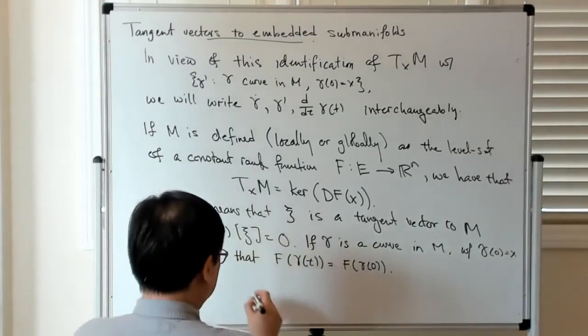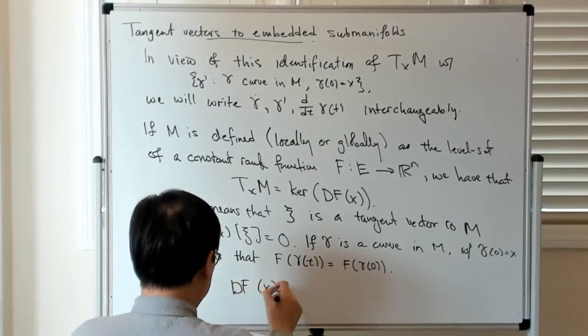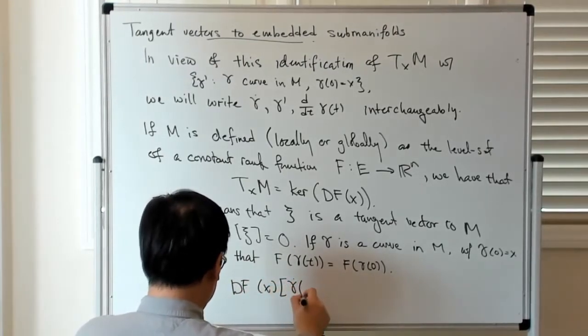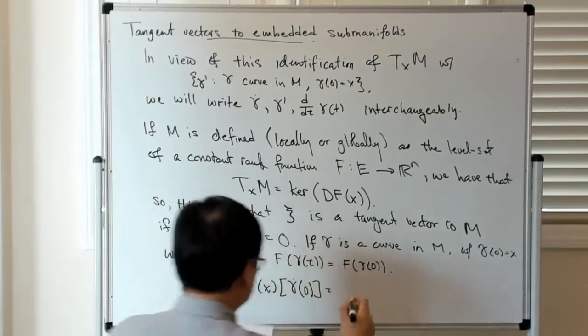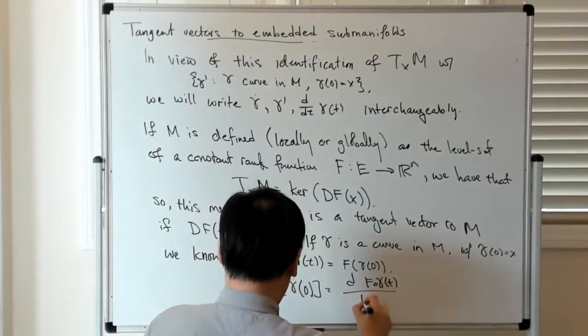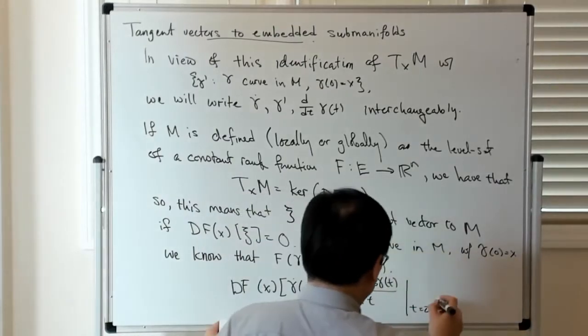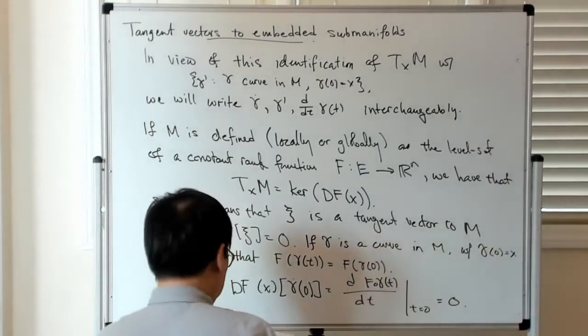So in either case, dF at x applied to gamma dot of 0 is equal to d of F composed with gamma of t, dt evaluated at t equals 0, and that is constant, so that is equal to 0. Okay.